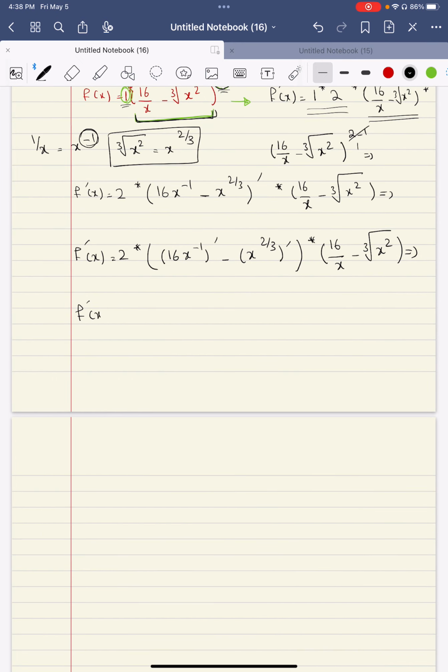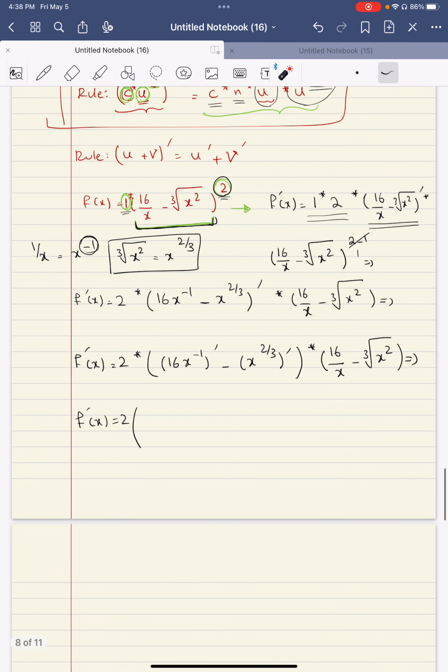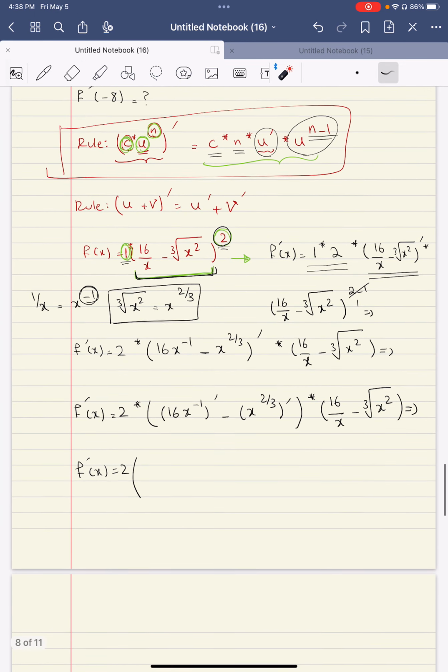F prime x equals 2 times, for this part, if you take a look at the first rule in here, it is exactly the same as the first rule. So the c is 16, the u is x, and the n is negative 1.